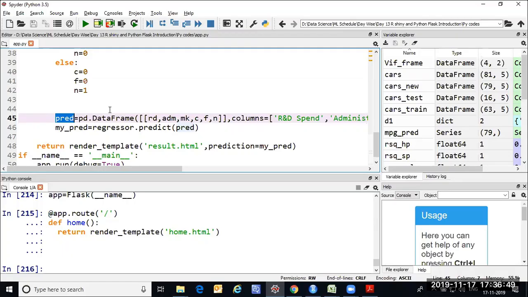Model dot predict, and give the location of the file which has to be read as the input data. You don't need to train again every day in production. If this is the model that is finalized, then dot predict of the variable in which you have the input data, that's it.